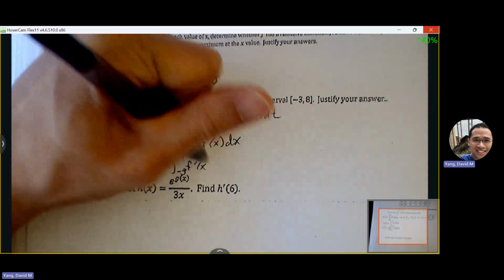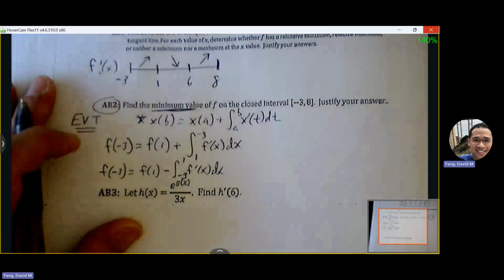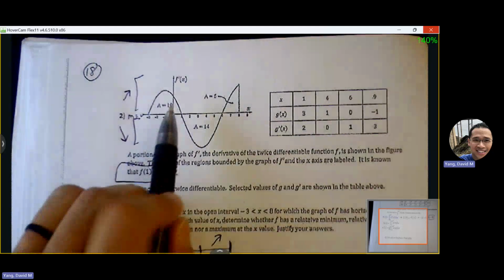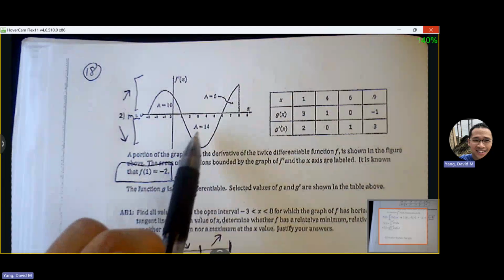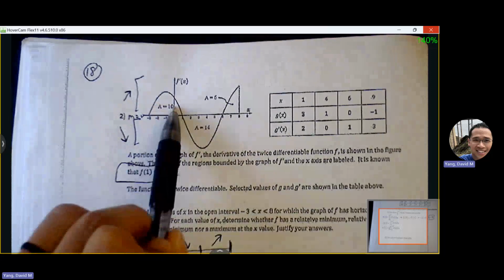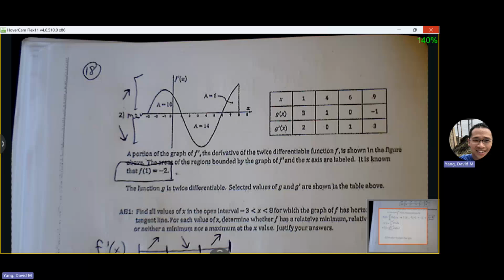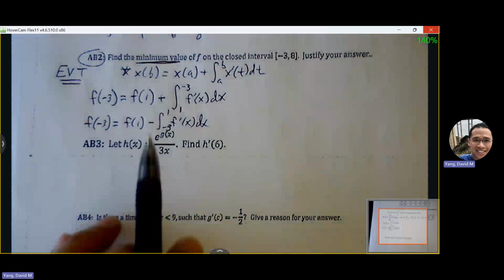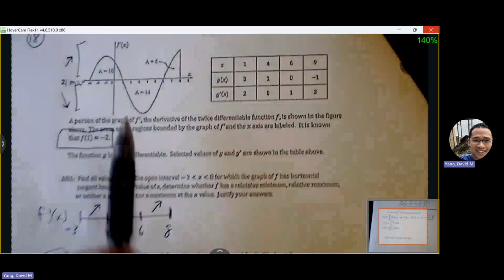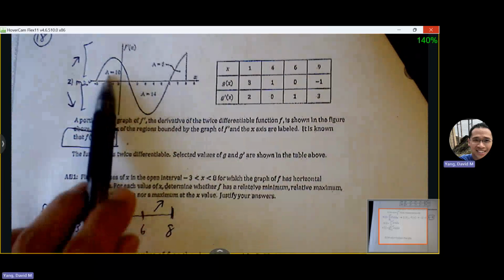The reason that we want to swap the bounds is because we want to read the graph the way it is. Otherwise, you have to adjust and think, oh, this is now positive and this is negative if you're reading backwards. I think it's easier to just read forwards and then adjust the bounds. So from -3 to 1, that's nice.